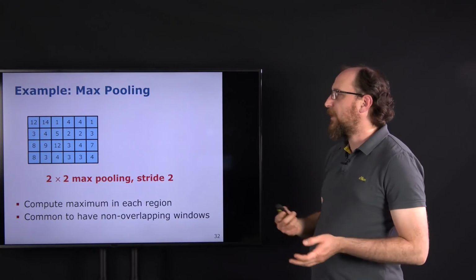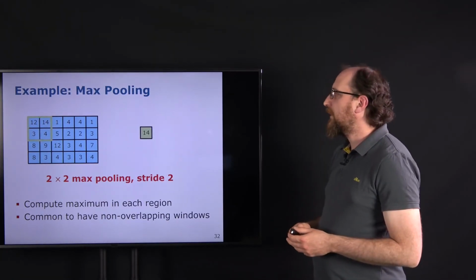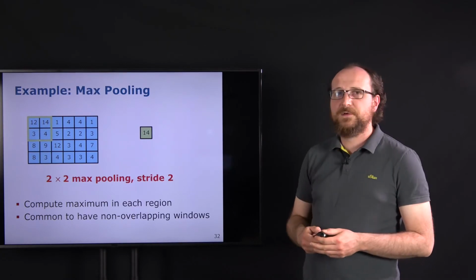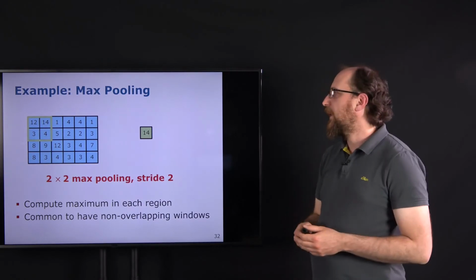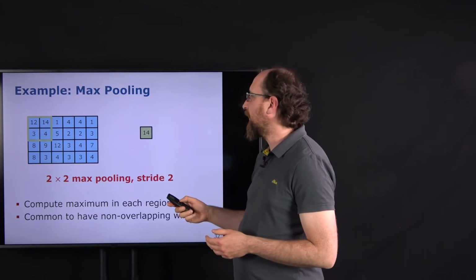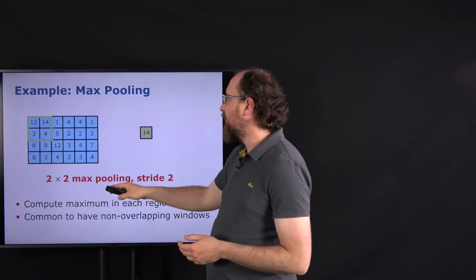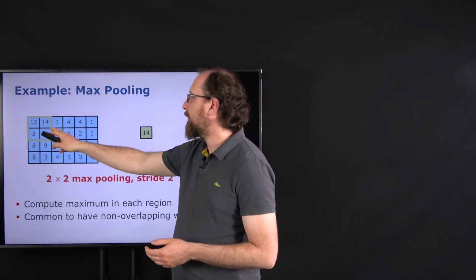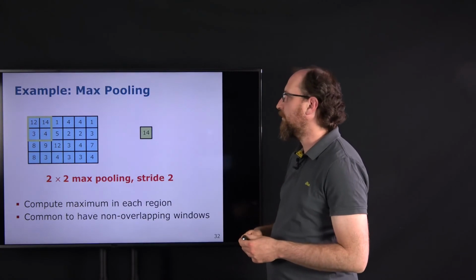And now an example of the maximum pooling here, where we apply a filter and take the maximum over a kernel. And this corresponds then to, in this example here, a 2 by 2 maximum pooling, so the size of the kernel that we apply is 2 by 2. And in this 2 by 2 window, we are taking the maximum.